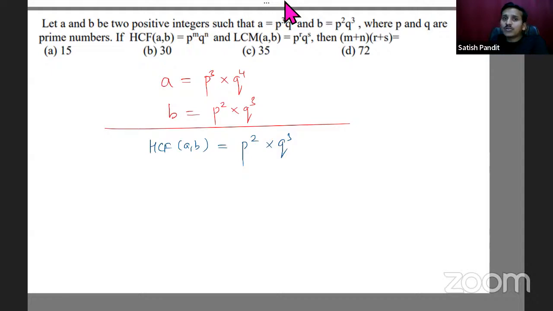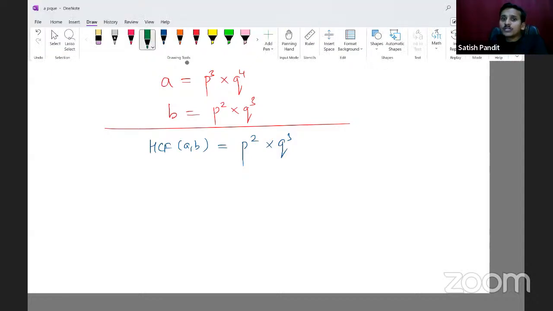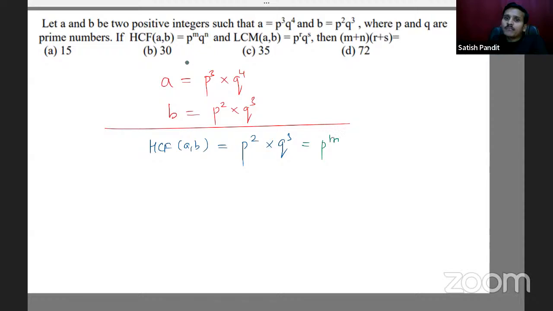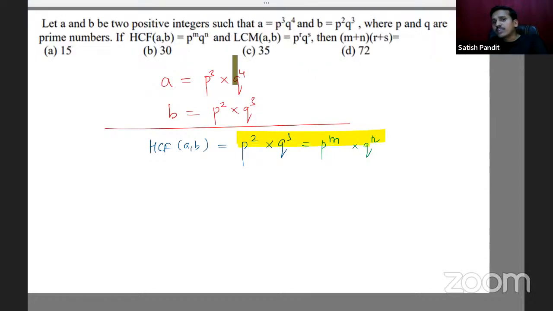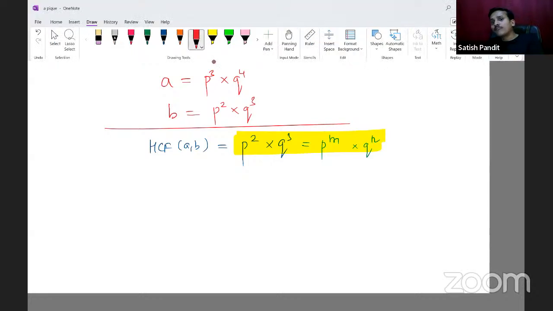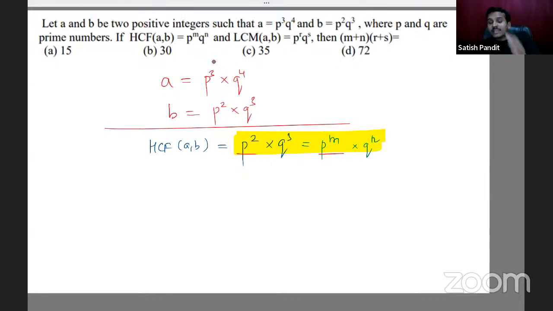And that is equal to P to the power M into Q to the power N. If these two are equal, the powers will also be equal. That means M will be equal to 2 and N will be equal to 3.